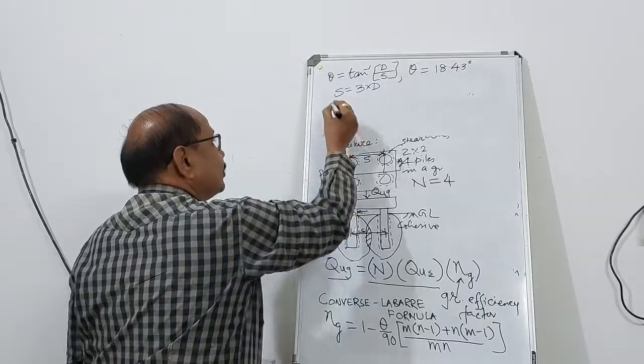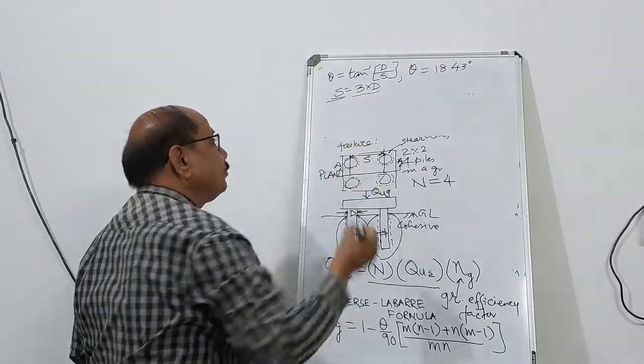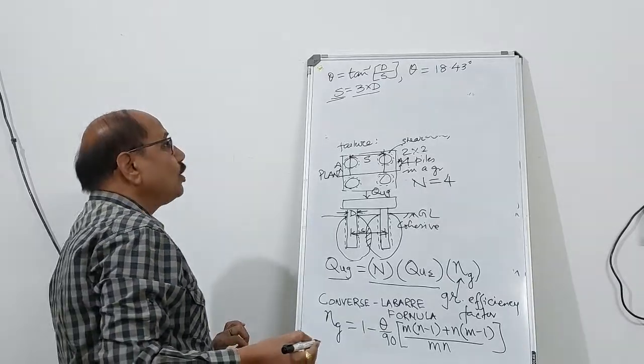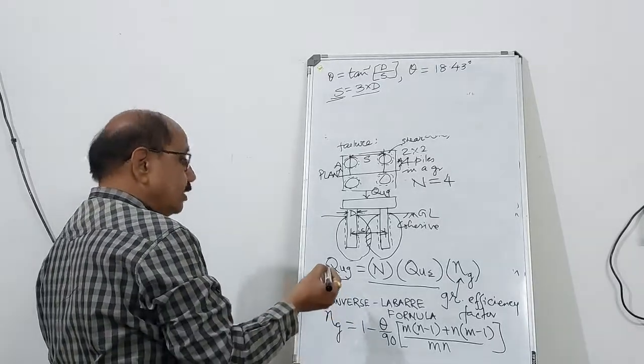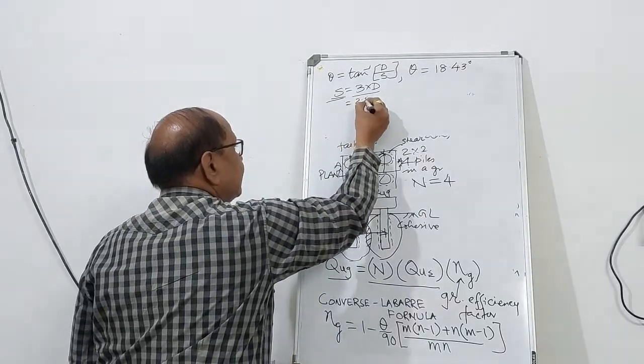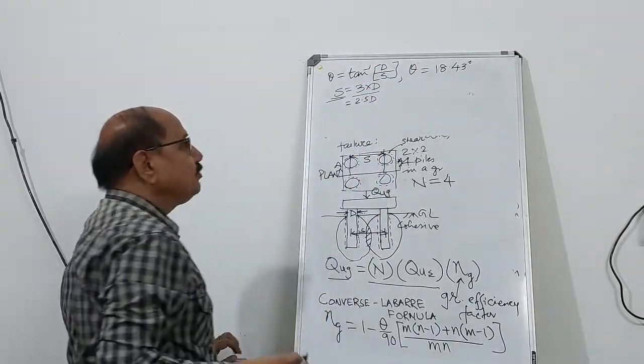So codes suggest that center to center distance preferably be kept 3 times the pile's diameter, and therefore you can calculate. If you keep it 2.5 times D, you can substitute here and then calculate the value of theta.